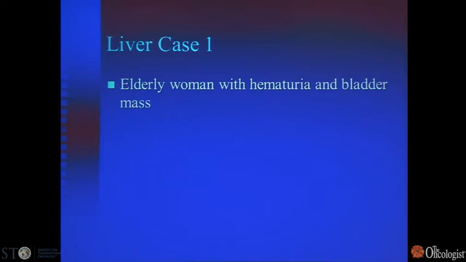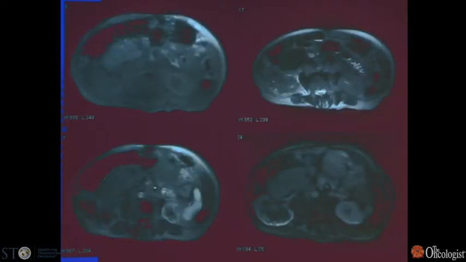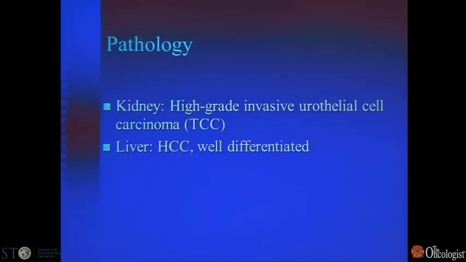One was an elderly woman with hematuria and a bladder mass, and incidentally noted was this mass in the right lobe of the liver with intrinsic edema on pre-contrast images, hypervascular with washout on delayed post-contrast imaging, as well as the primary mass in the right kidney. We see this heterogeneously enhancing mass in the right kidney compared to a more normal-appearing left kidney. And she turned out to have both a transitional cell carcinoma as well as a well-differentiated HCC.